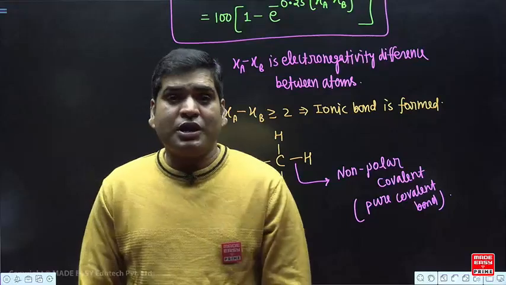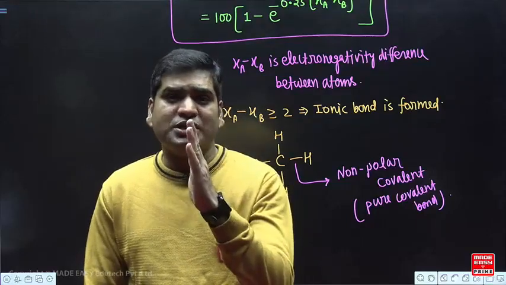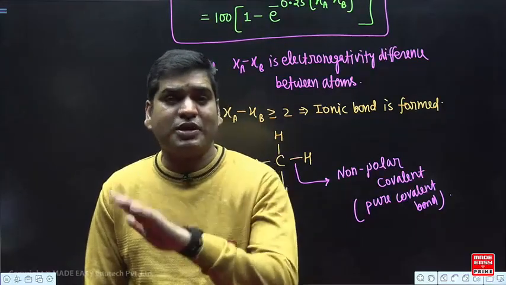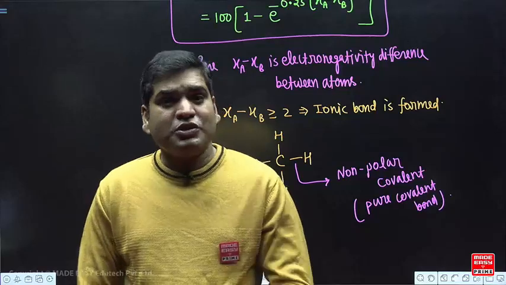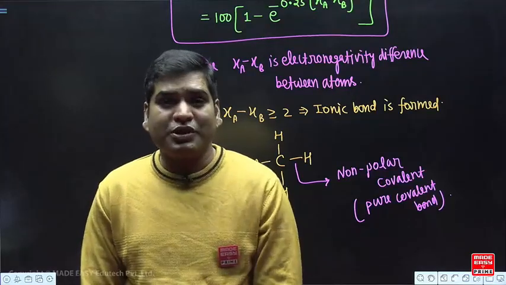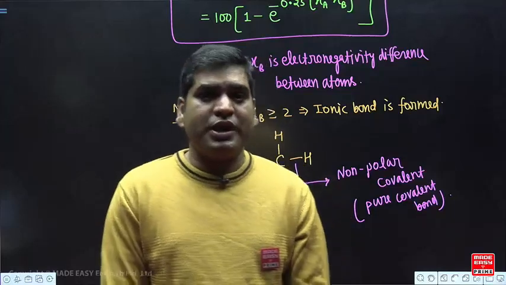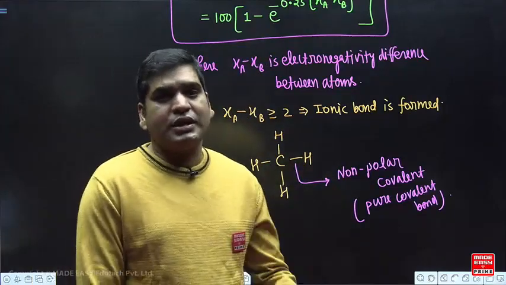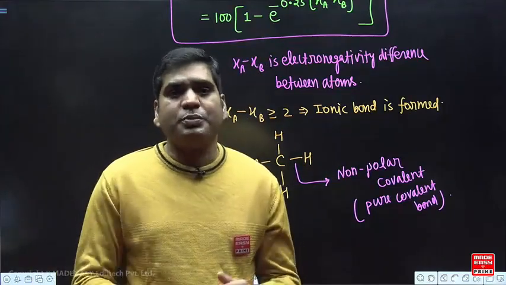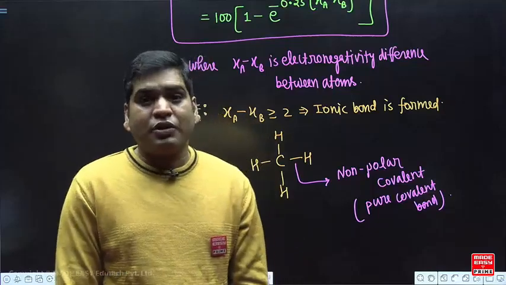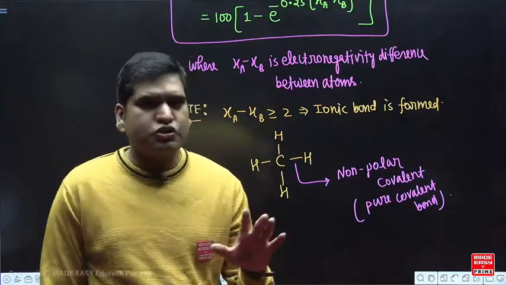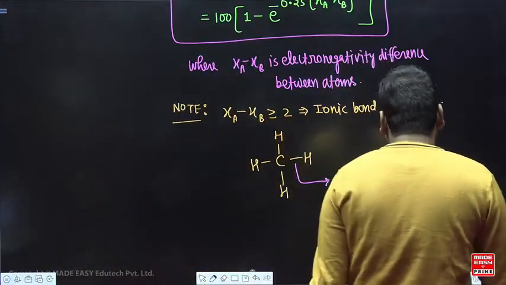Right of carbon, electronegative elements. Carbon is unable to decide whether it should go for electropositive or it should go for electronegative. So it is having almost 0 electronegativity, and hence the difference of electronegativity between these two atoms is negligible, and that's why although they are different atoms, still they form the non-polar covalent bond. Means there is no pole formation, that is pure covalent bond.